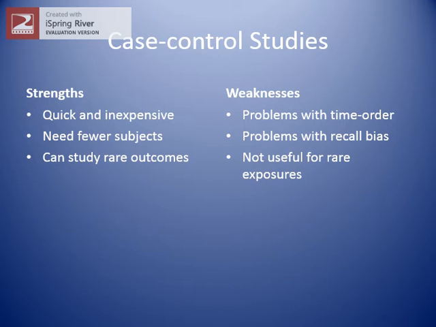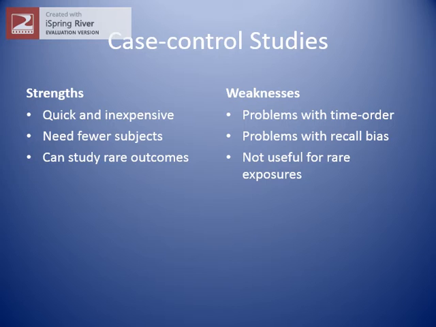So women who had a miscarriage might be more likely to say, oh my goodness, I took Tylenol one time, and really freak out about that, than somebody who didn't have something bad happen. If you ask them what drugs you took, they might have said no. They may not remember, they may remember it differently. So recall bias can be a really big problem. Any bad thing that happens can really impact the way people remember what happened in the past.